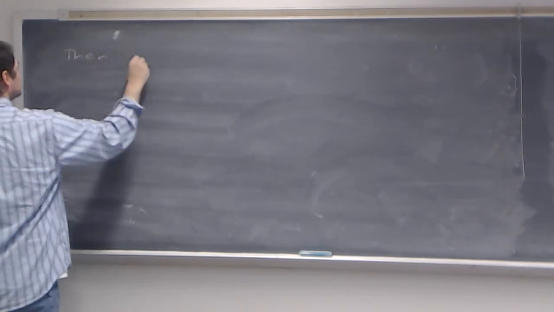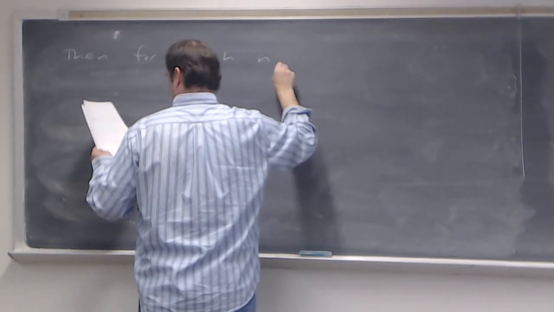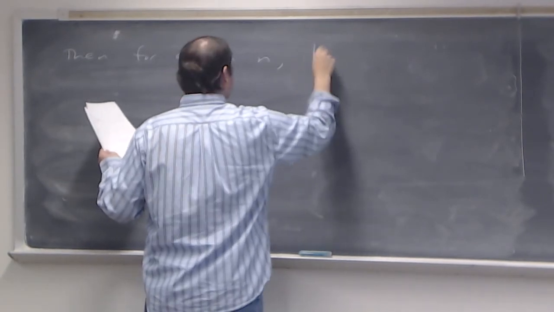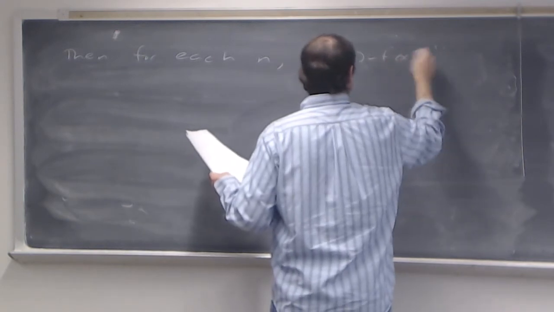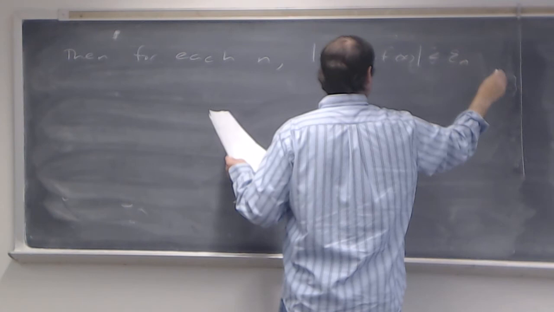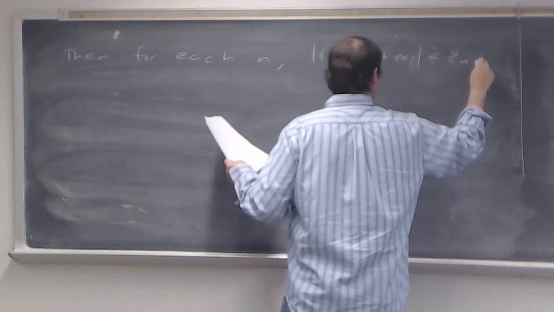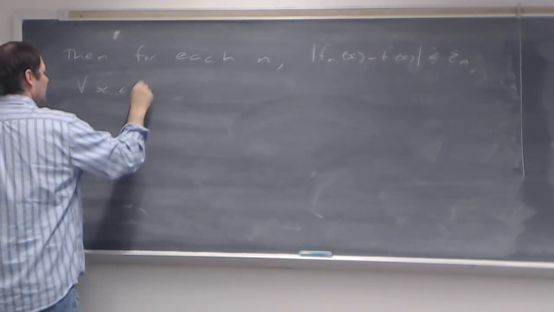Then for each n, the absolute value of f sub n of x minus f of x will be less than or equal to epsilon sub n, and that's for all x an element of a to b.